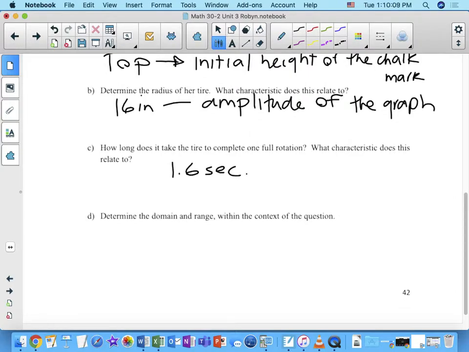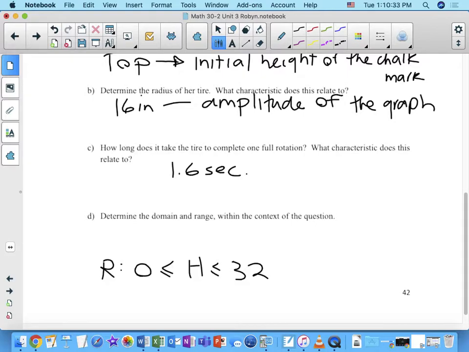Okay. Domain and range. Well, again, range, what's the lowest this wheel can be, or the chalk mark rather, can be? 0. What's the highest? 32. So the range is 0 to 32, height, right? And then the inequalities point that way.